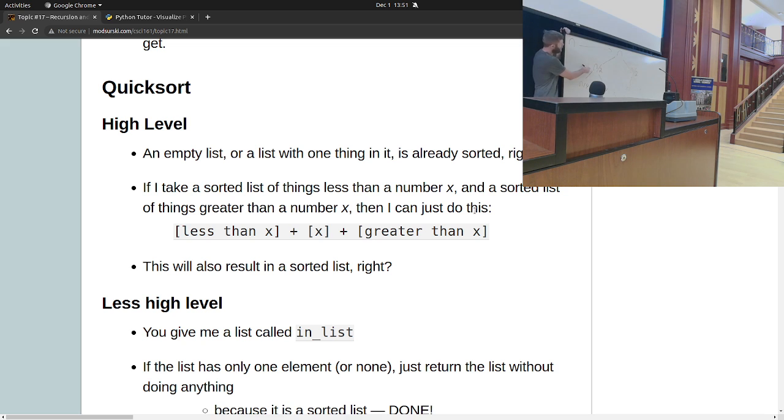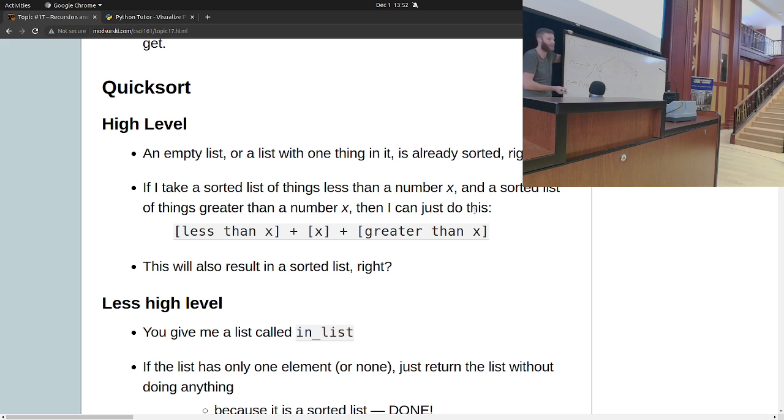How much work is it to do n over 2 stuff? N over 2, but I'm doing that twice. N. So on this level, it's n stuff. How about this? If I do 4 things that are n over 4, how much work is it? N. If I do 8 things that are n over 8, how much work is it?